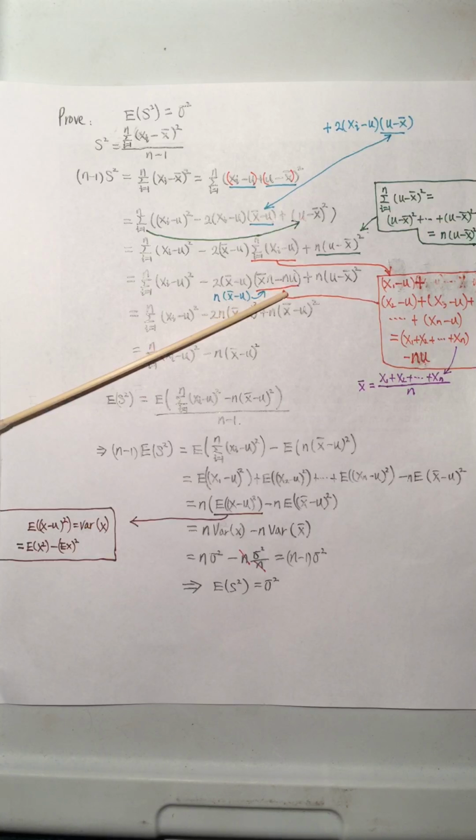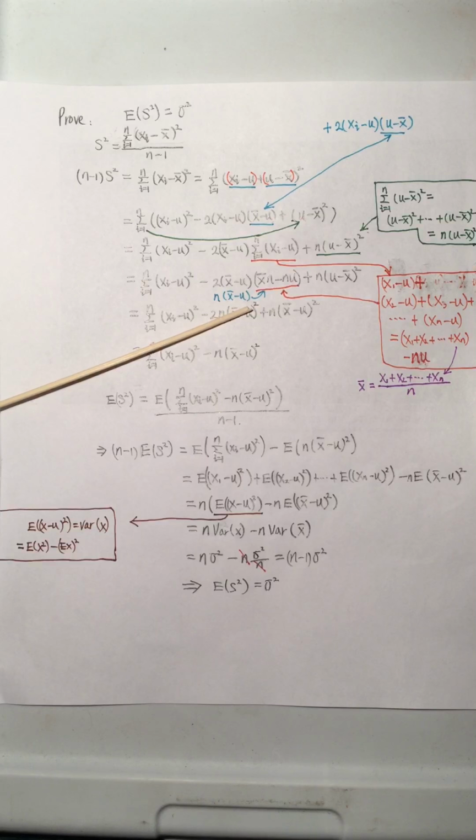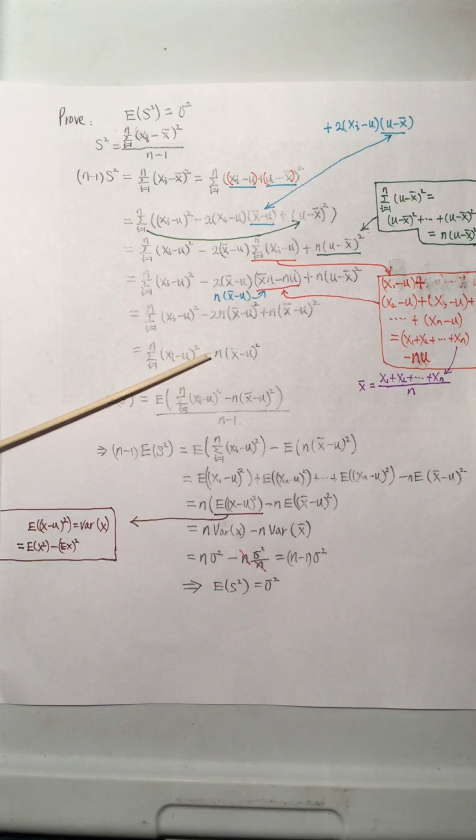If we factor out n, this gives x bar minus mu. Now 2 times n gives 2n, and x bar minus mu times x bar minus mu becomes the square. So up to here we have minus 2n times that plus 1n times that. If we add these two terms together, this will give minus n times (x bar minus mu) squared.